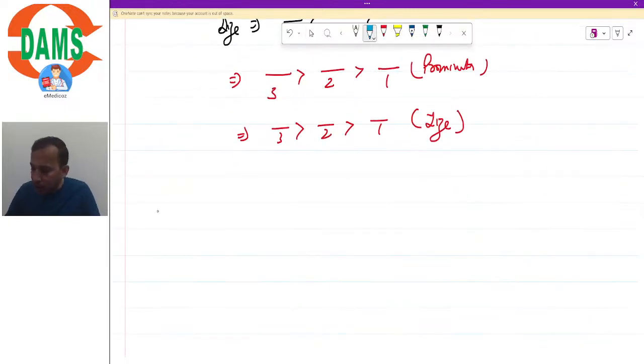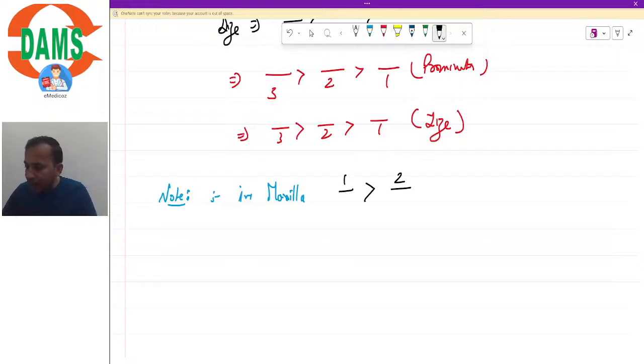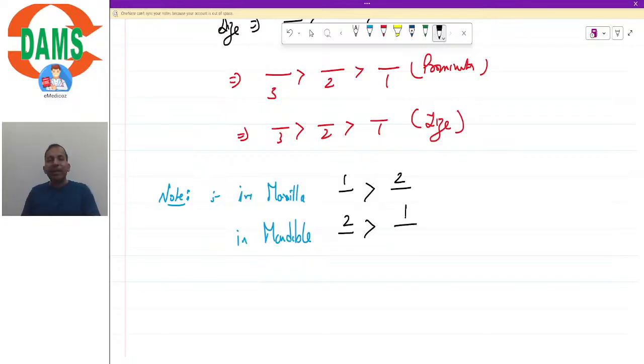So what you can note here is that in maxilla, central incisor is larger than lateral incisor, but in case of mandible, lateral incisor is larger than central incisor, and this applies to both primary and permanent dentition, isn't it?